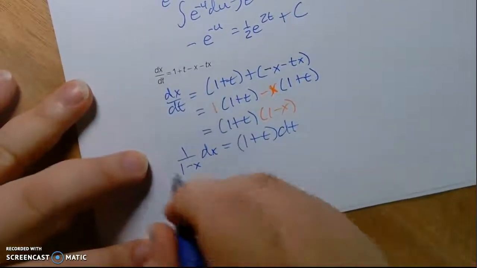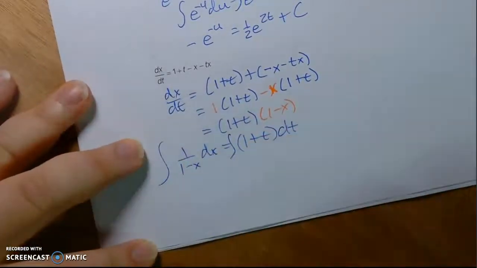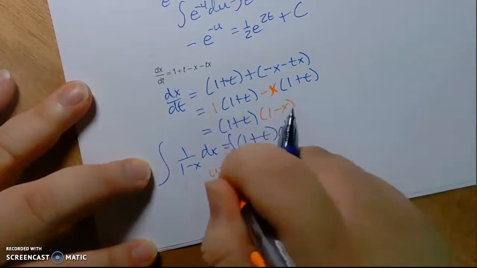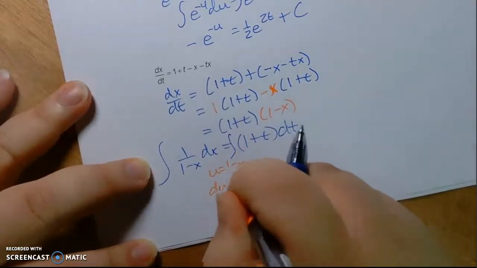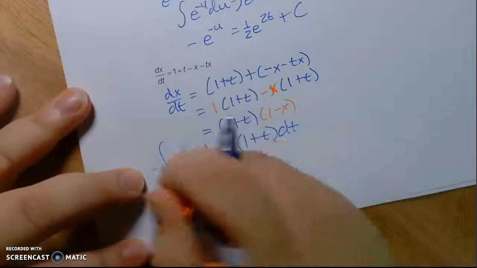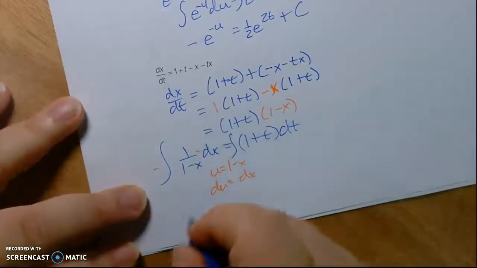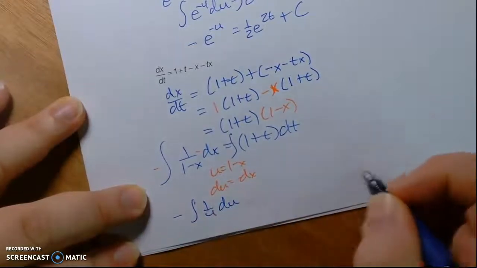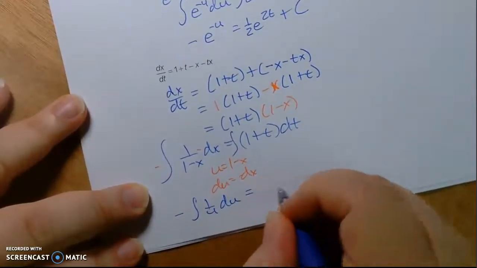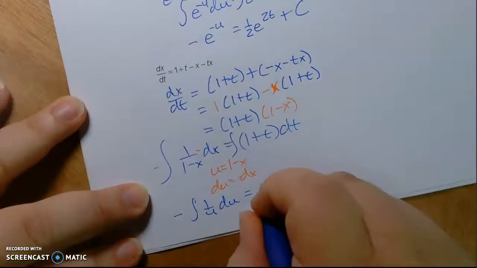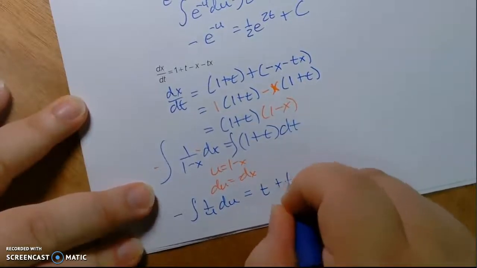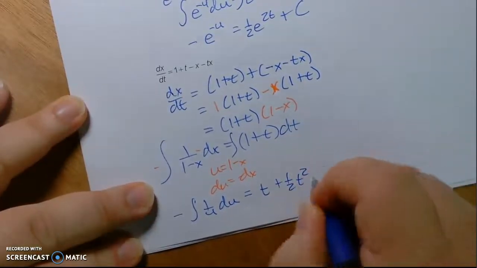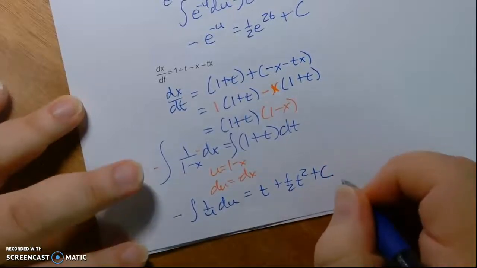All right, so we're going to integrate. On the left side here, we would have u equals 1 minus x, du is negative dx. So we get a little bit of negative sign going on here. We have negative integral of 1 over u du equals integral of 1 is t, integral of t is plus 1/2 t squared plus c.